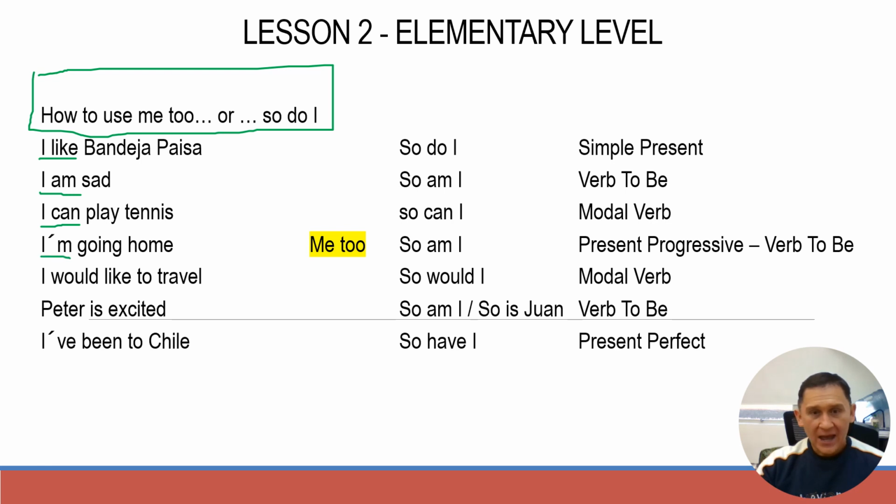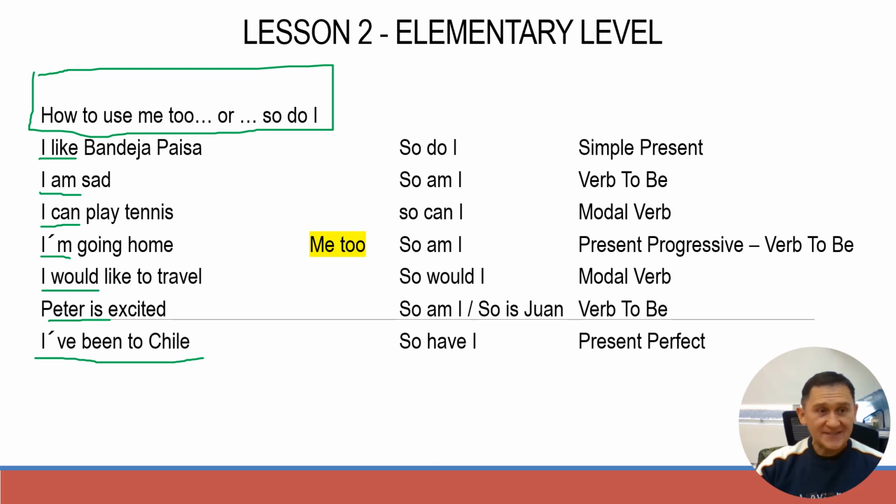For this one, I'm also using present progressive and the verb to be. And for this one, I'm using the word would or the modal would. For this one, I'm using the verb to be, is. And for the last one, I'm using present perfect.